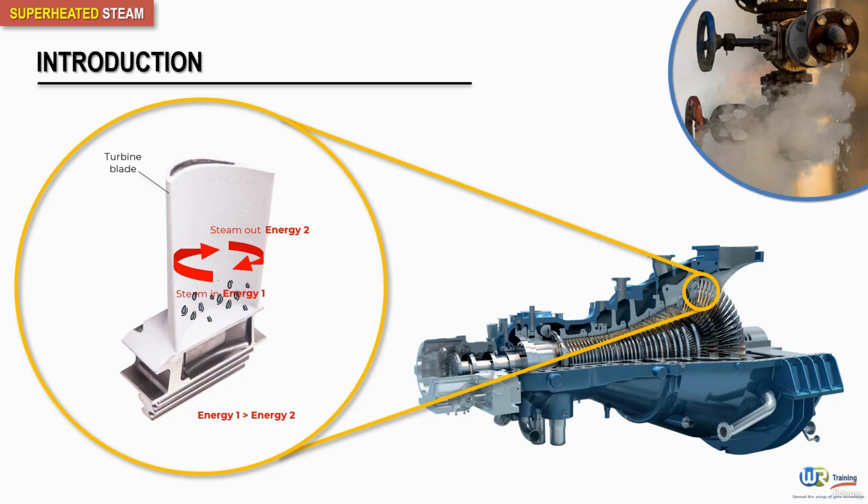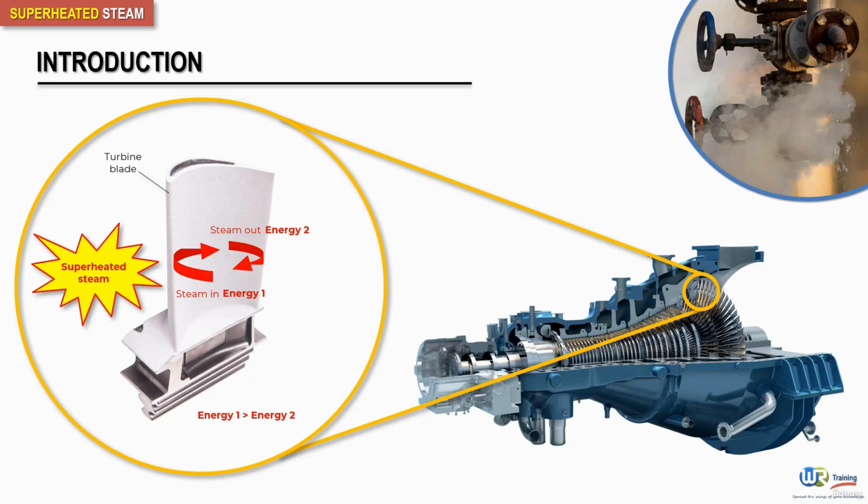Not only would this promote water hammer, but the water particles would cause severe erosion within the turbine blades. The solution is to supply the turbine with superheated steam at the inlet and use the energy in the superheated portion to drive the rotor until the temperature-pressure conditions are close to saturation, and then at this stage exhaust the steam.